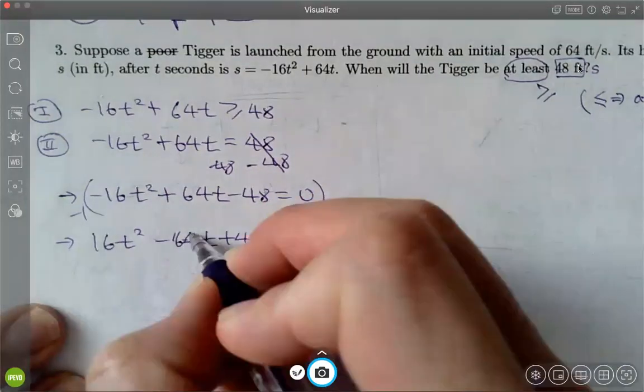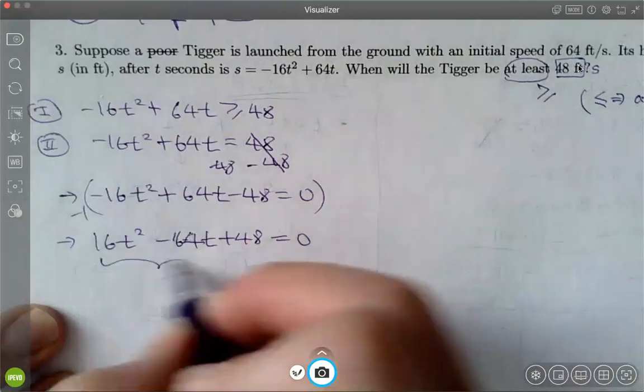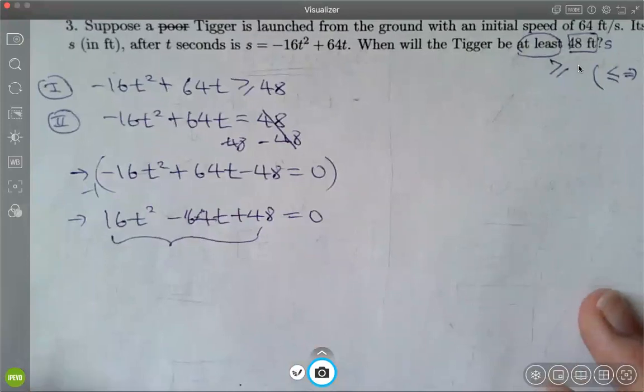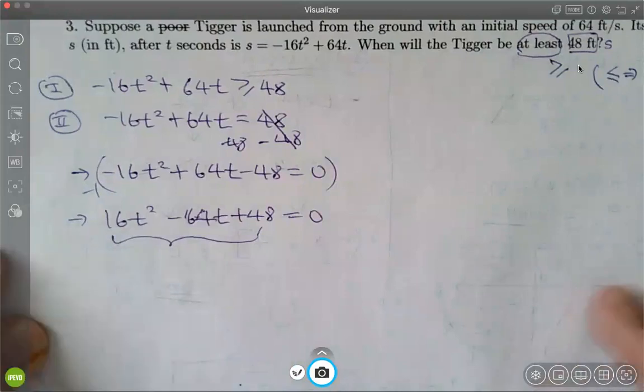Now, can we factor this? We have a bunch of numbers here, all of which are a little bit big, so can we reduce those numbers? What can we pull out?